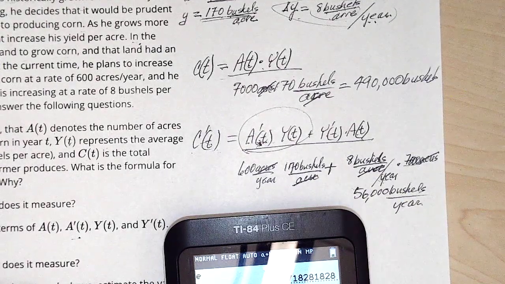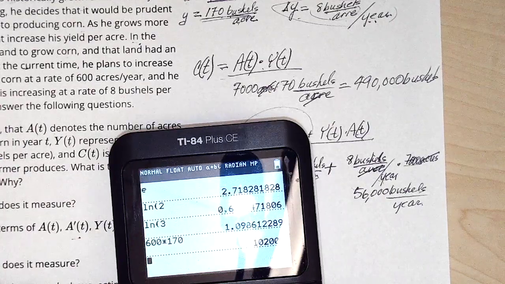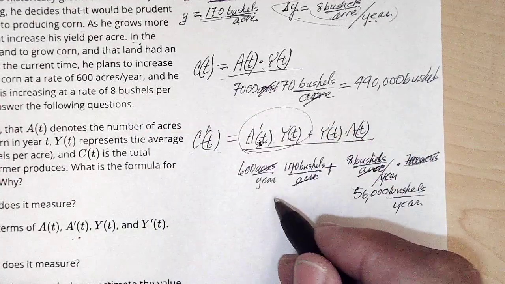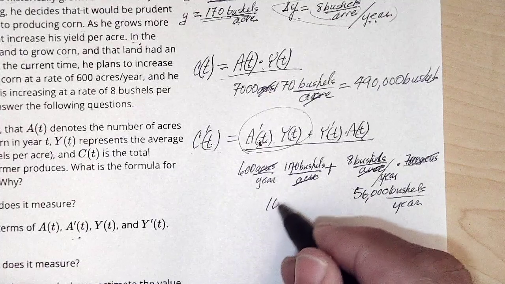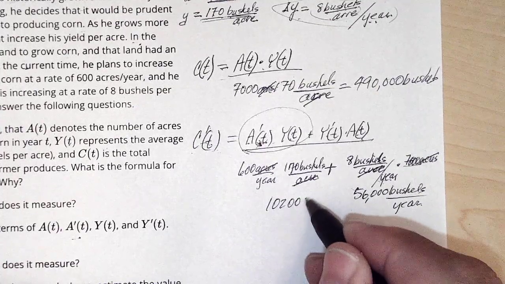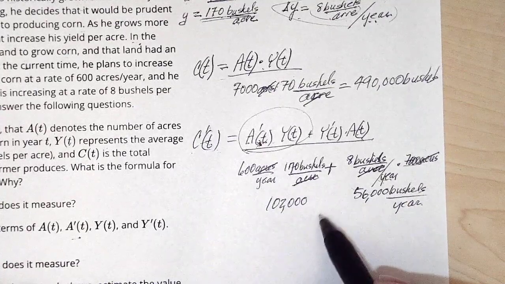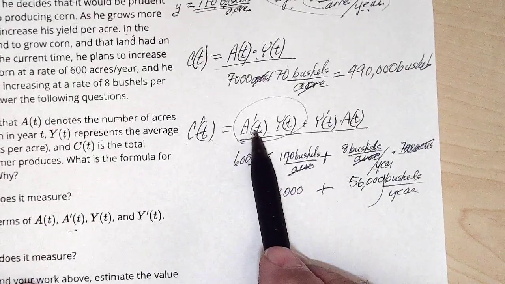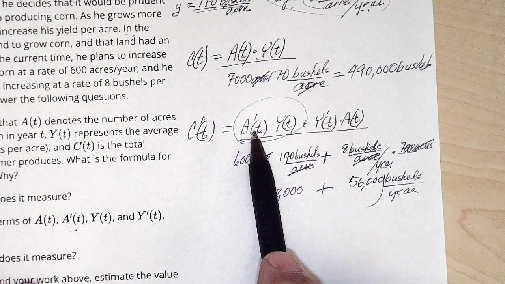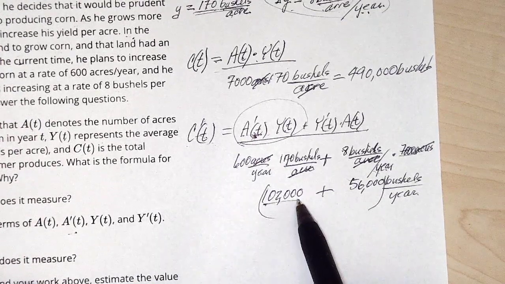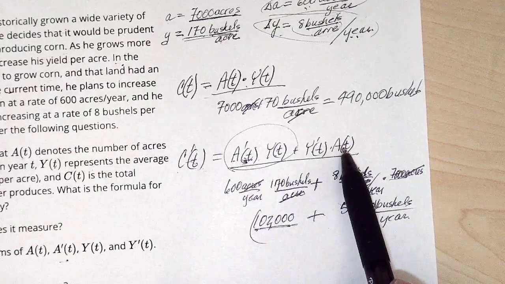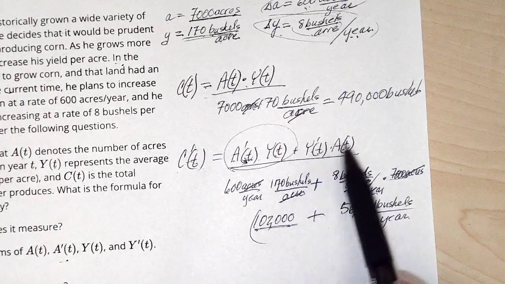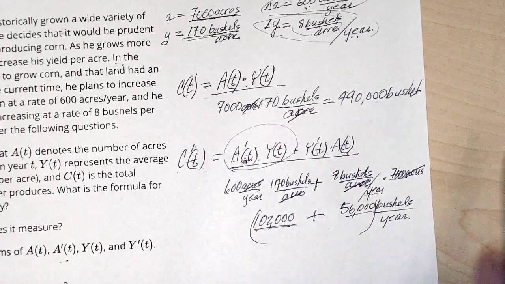And this is, I'll resort to my calculator for 600 times 170, 102,000. And that also has this unit, so we're adding. Because we increase the number of acres, we get this many more bushels. And because we increase the yield per acre, we get this many more bushels.